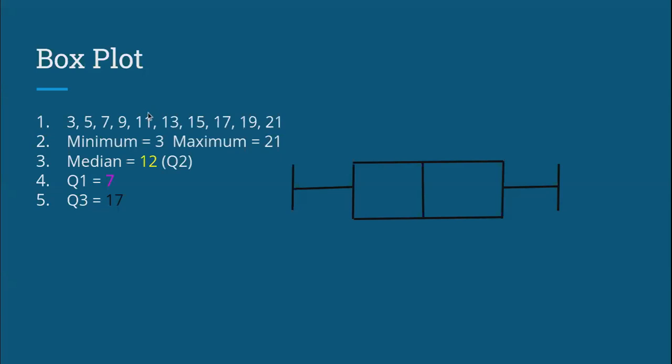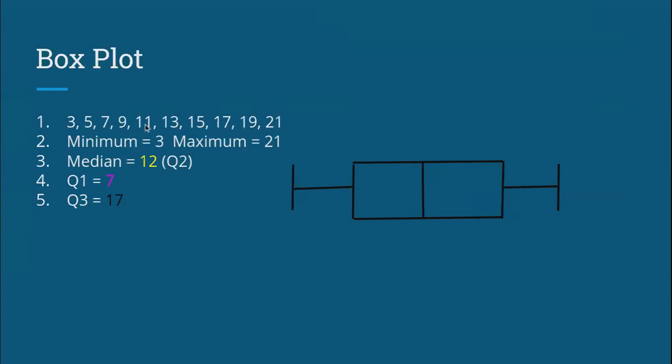All right. So, ladies and gentlemen, if the number of terms in the data set is even, in this case there are 10, you still go to the middle of the data. So you count in 5 from the left and 5 from the right.